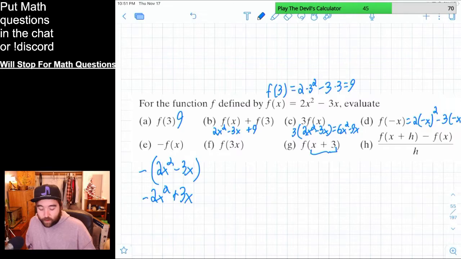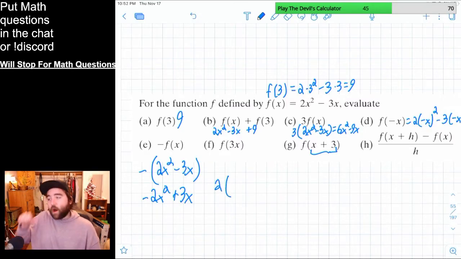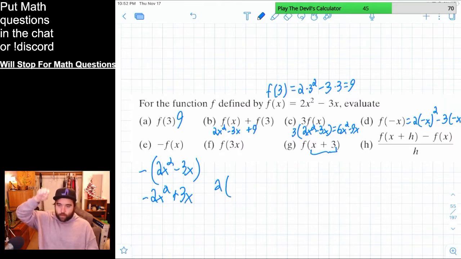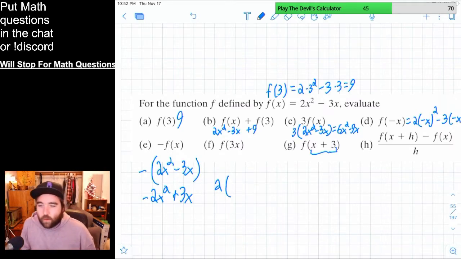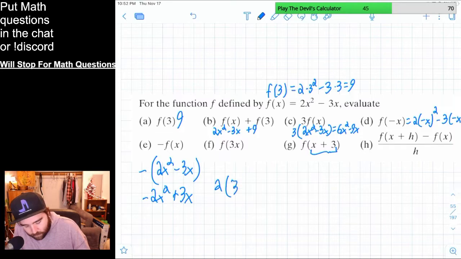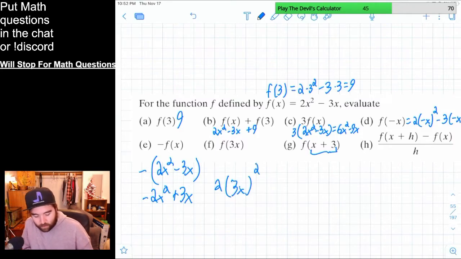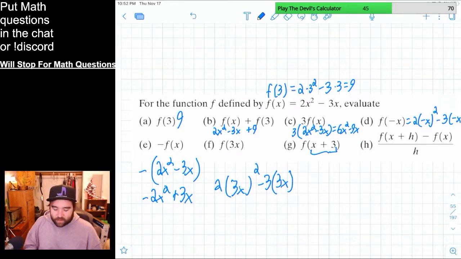f of 3x, so 2, again, replacing all of the x's with 3x. So 2 times 3x squared minus 3 times 3x. So you just replace all of the x's with 3x.